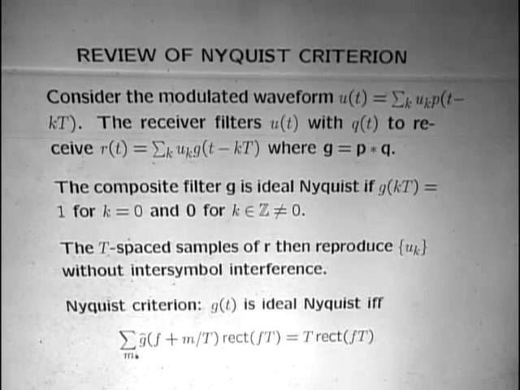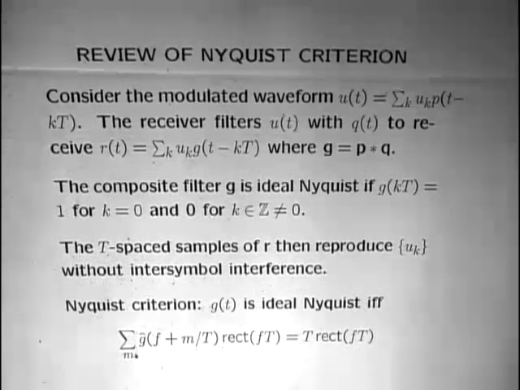Namely, how do you choose those quantities u sub k out of some set of possible values so they have an appropriate distance between them? And next, how do you choose this waveform p of t, which is called the pulse that you're using? And then after you've chosen those two things, there's nothing more to be done.